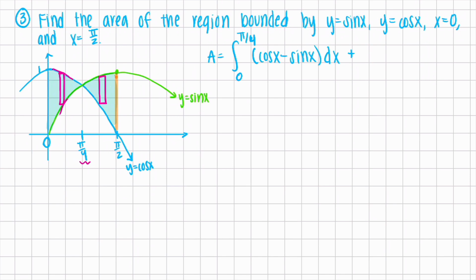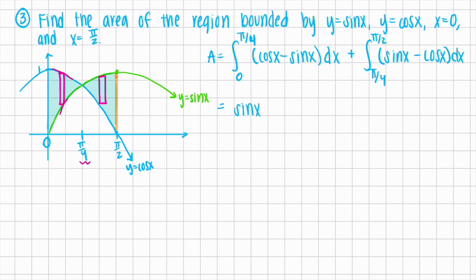And then I'm going to say plus, now I want to integrate from pi over 4 to pi over 2. From pi over 4 to pi over 2, your top function is sine of x, minus your bottom function is cosine of x dx.